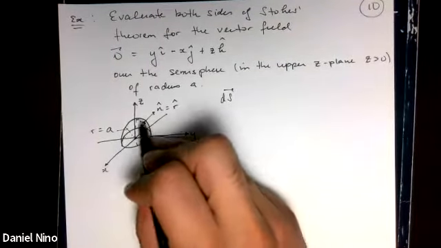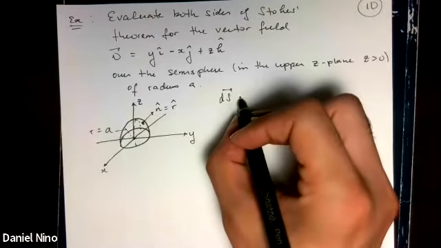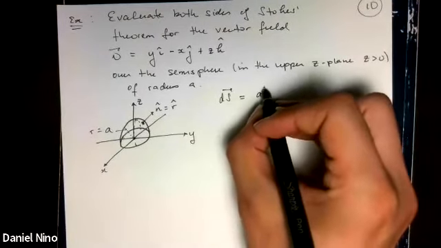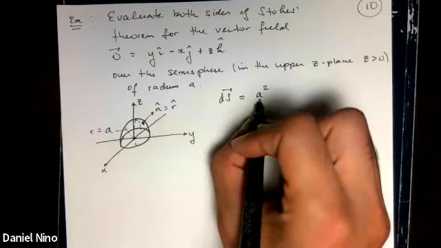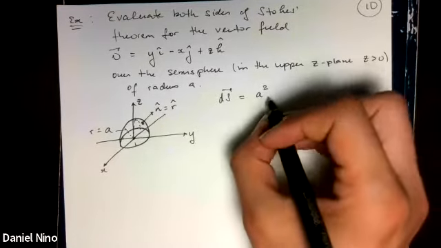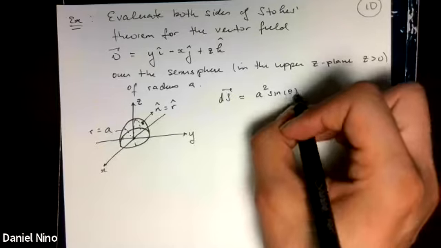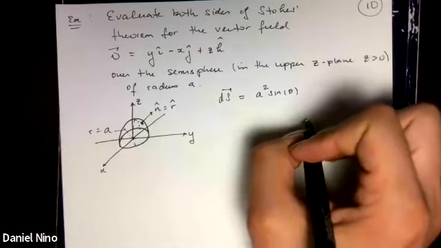And because we're dealing with a sphere, we know that the surface element is equal to the radius of our sphere squared, so in this case a squared, times the sine of the azimuthal angle.